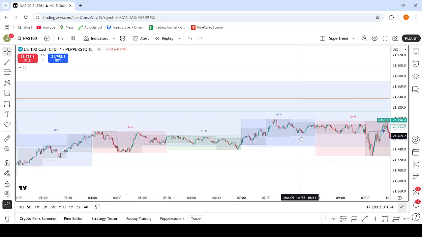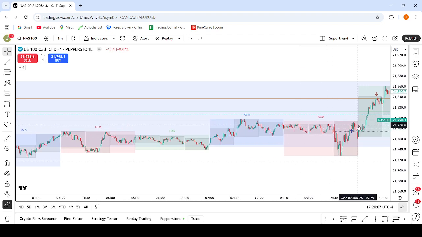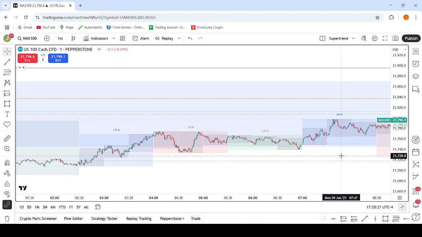And then what did we do? Look at this consolidation. We've manipulated down lower. Where did we go? We went down to, well, it's not London now.